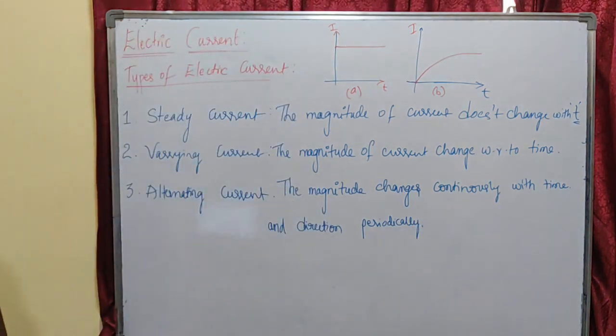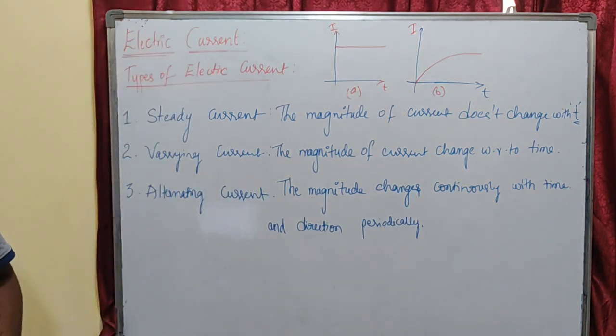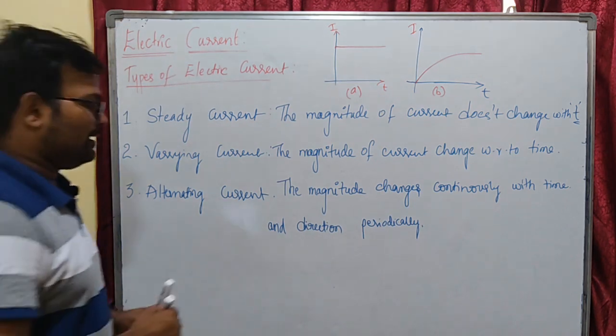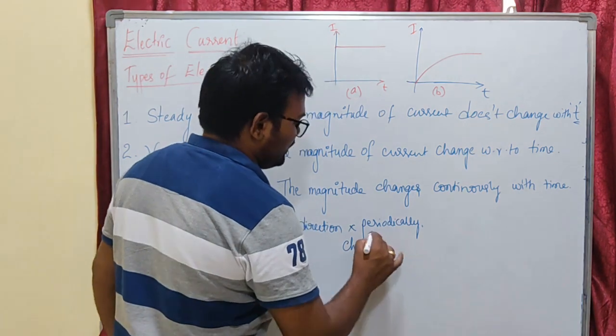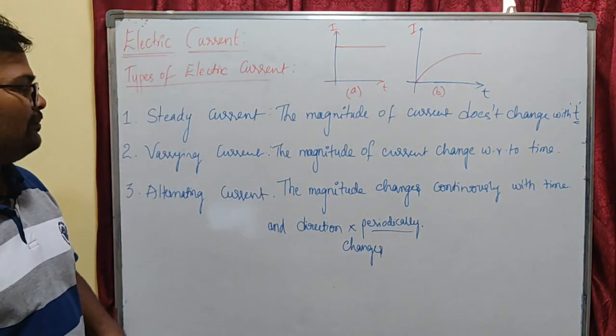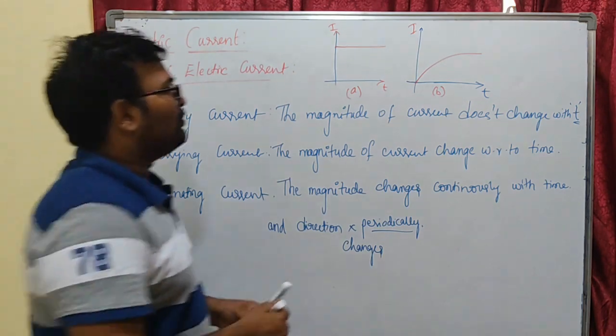Okay, the alternating current is one whose magnitude changes continuously with time and direction changes periodically. Periodically means within a specific time period the direction of the current will change from one form to another form.